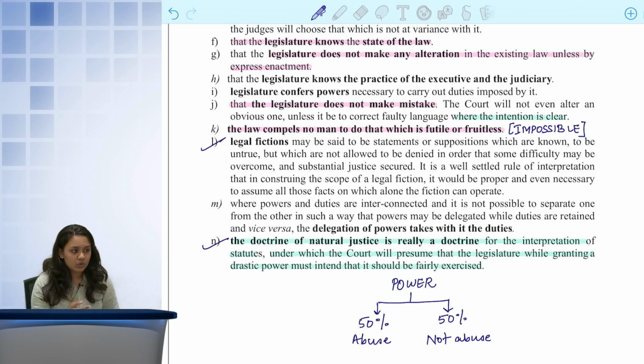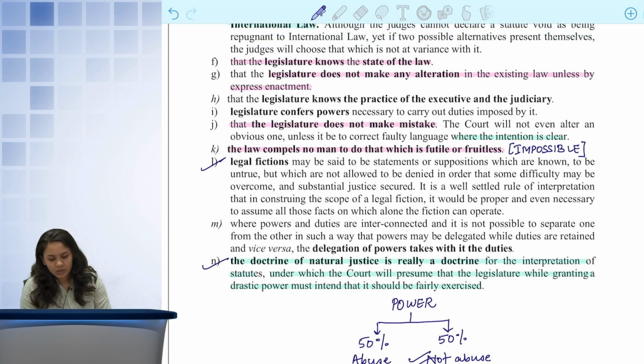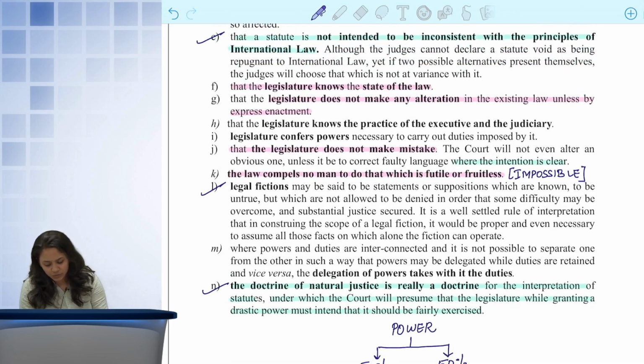Now what the court will presume is that whenever such a power is given to such a person, the principles of natural justice will apply to all of his actions so as to ensure that he is not abusing his power.